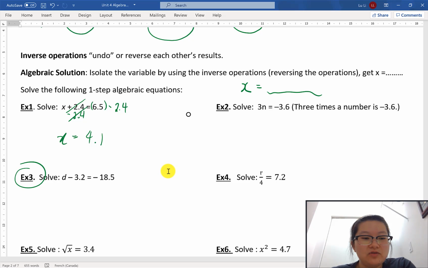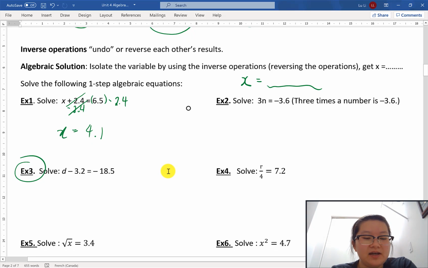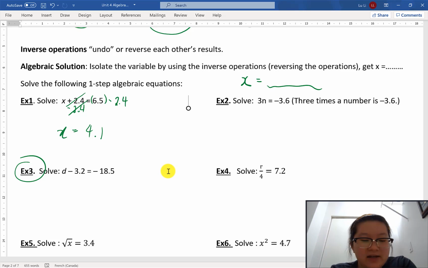Okay, so I'm going to go over example 3. Here our unknown is now d. D minus 3.2 is equal to negative 18.5. So what I'm going to do, and hopefully you've done it, is find the opposite operation here, which is adding 3.2. And of course, you're going to do it on both sides of the equation.